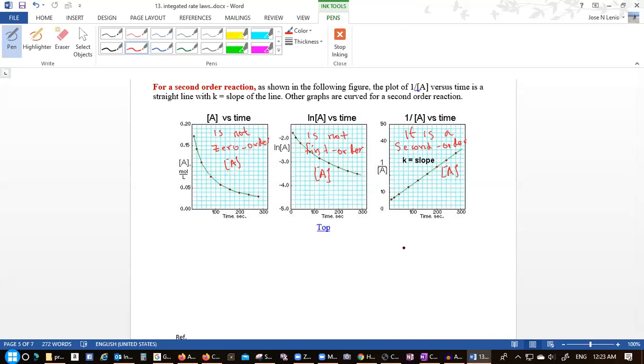I read that it's possible to have third order, but it's very complicated. That means the molecularity is 3. In other words, 3 molecules or 3 species participating in the activated complex during the transition state of the reaction.